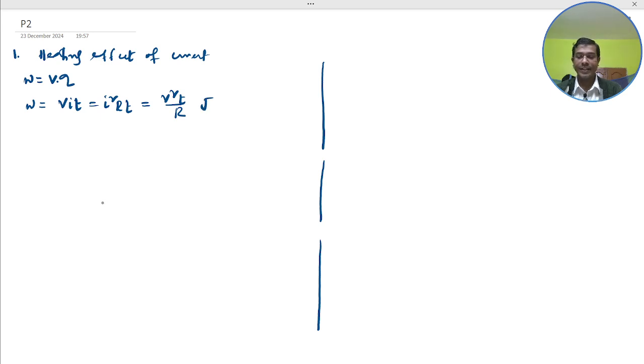Heat generated H = W/J. Here J is 4.2 joule per calorie.